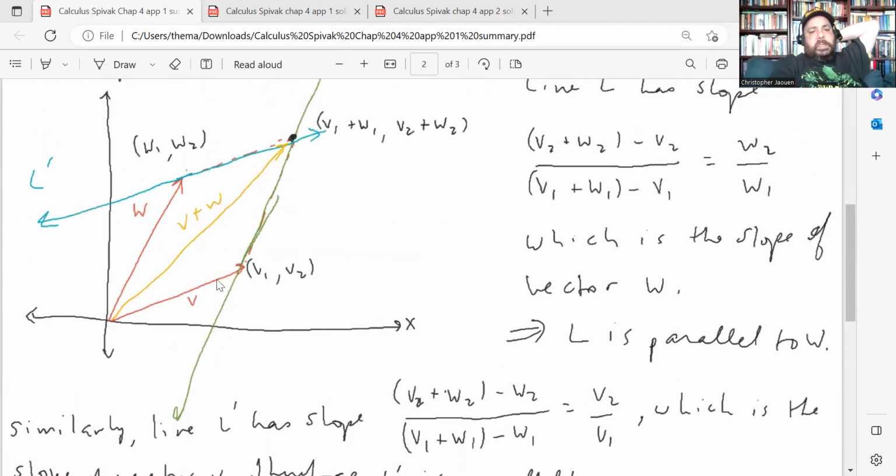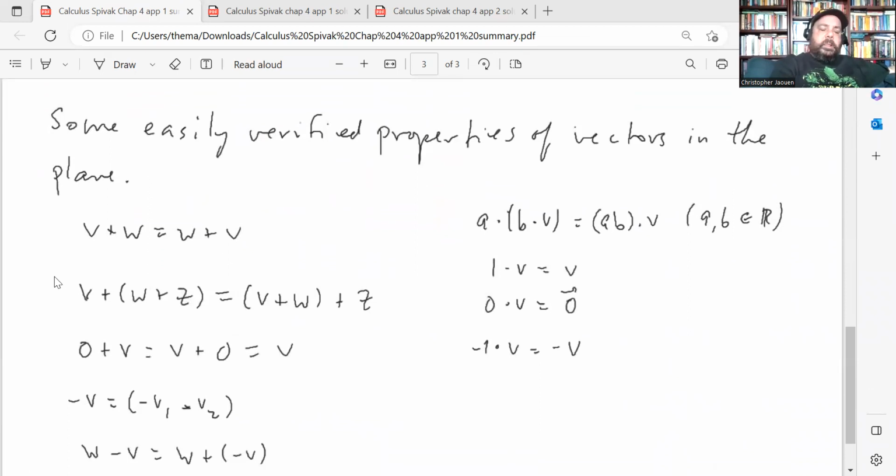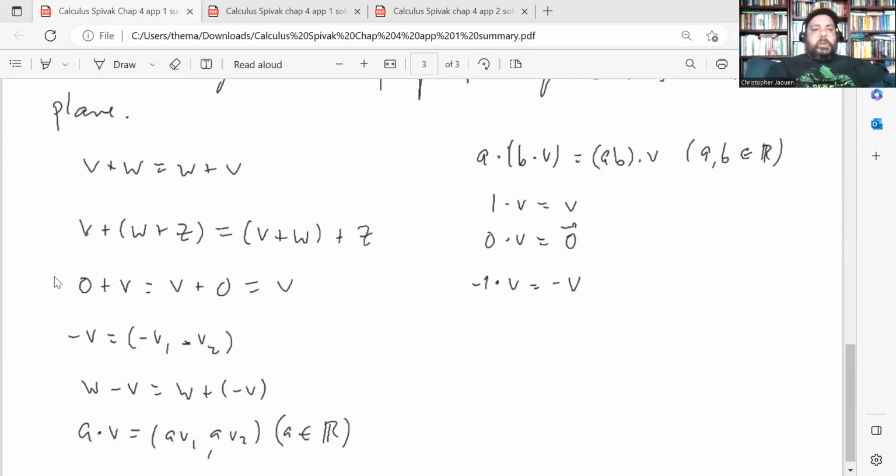Because if you go along v, then along the green line to get to the sum, you get to the same point as going along w and then going along the blue line until you hit the sum. But you could also prove that using real numbers. Like I said, I didn't go through that here because we've already done this a bunch of times, and I don't want to waste time going through stuff over and over again.